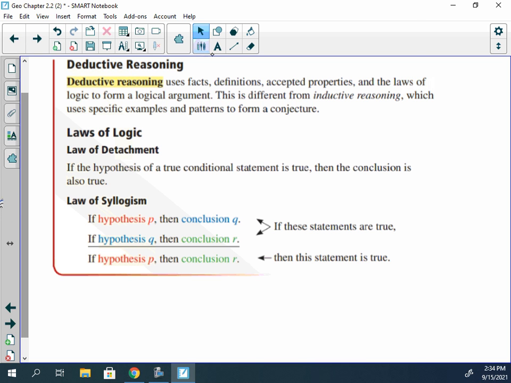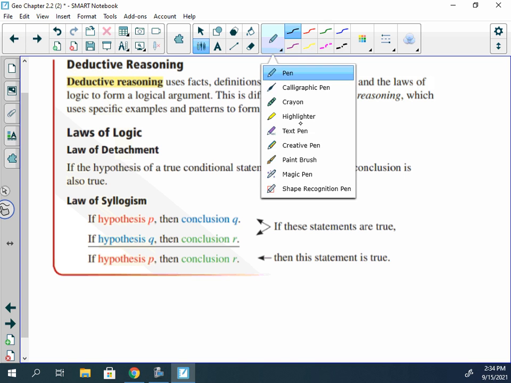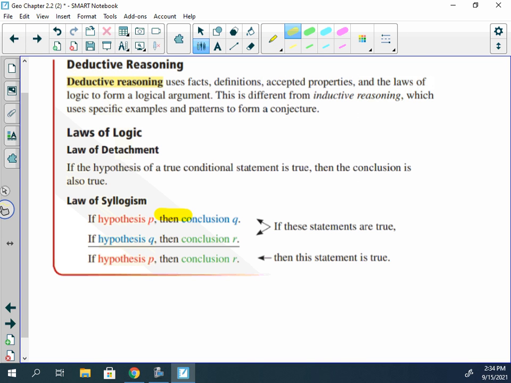Because the conclusion and the hypothesis are the same, we can make a new statement from the other two parts. If P, then R. And again, once we do a few examples of these, they'll make a little more sense.